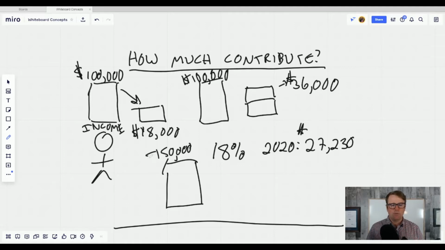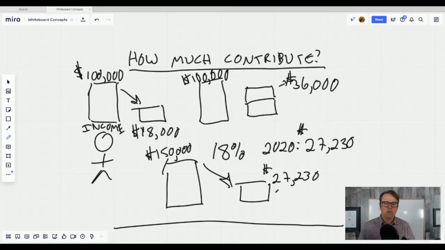You're a little bit more than that, but you're basically maxing out the 18% at 27,230. So not a number that everyone hits, but it's just important to know. Shouldn't put in more than that because you will be penalized for putting in more than that. So 18% of your salary, and it accumulates. So if you don't use it, it does accumulate.